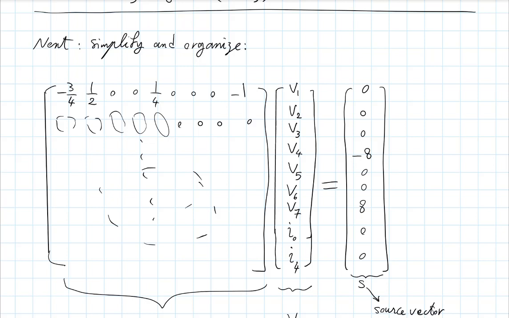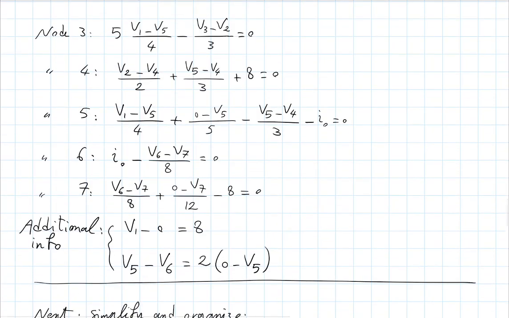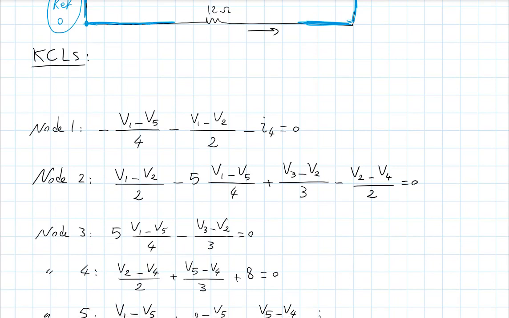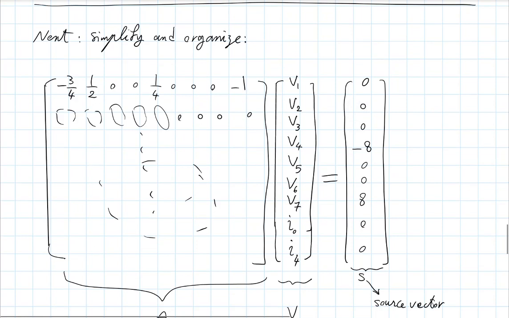Yes, I am, because what that means is I have taken my equation. So let's take equation number 1. I can multiply both sides of that equation by -1. The equation will not change, right? And in that case, I'll end up with all positive elements. Sorry, for V1, it will be positive. So I'll have positive 3 over 4, negative 1 over 2, negative 1 over 4, positive 1.